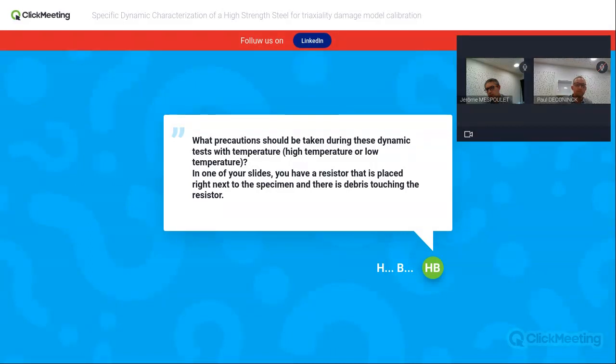I'm not sure about the reason for the question. What precautions should we take? I think experimentally speaking, if you want to correctly use the results of this impact testing, you have to ensure that the temperature field is quite homogeneous all over the impact area.